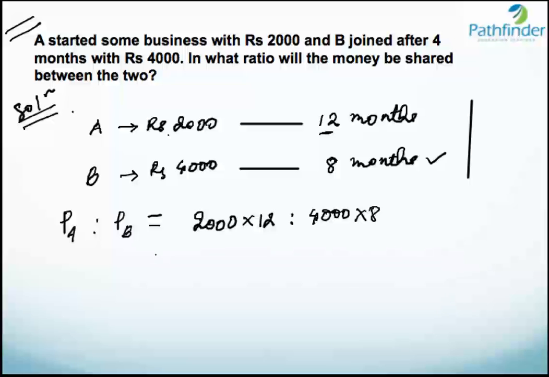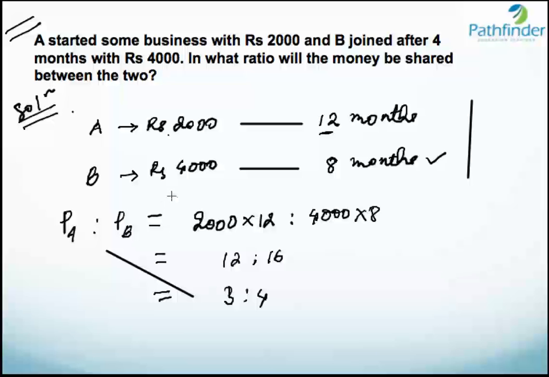So what do you get there? You can see that profit of A and profit of B will be in the ratio of 12 as to 16, and if you simplify this further you will get 3 as to 4 as the ratio of profit between A and B. So we can use this simple principle of compounded partnership to arrive at the ratio of profits.